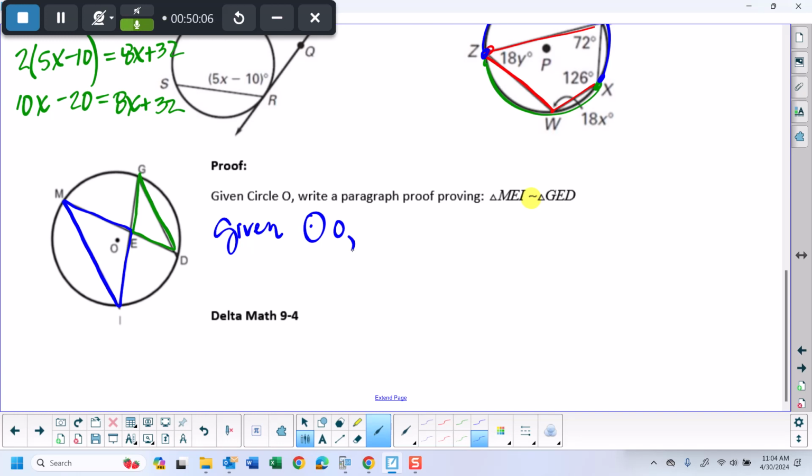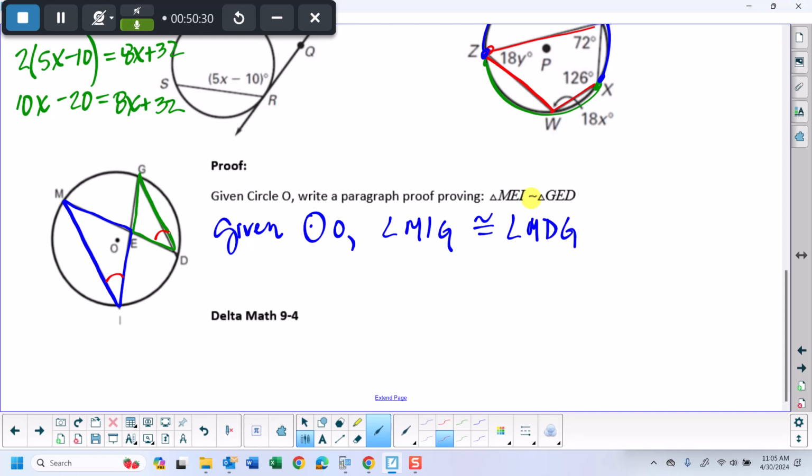So I know that angle, let's call them by their full name, IEG is going to be congruent to angle MDG. So just so we got some perspective, he's talking about this angle is congruent to this angle.